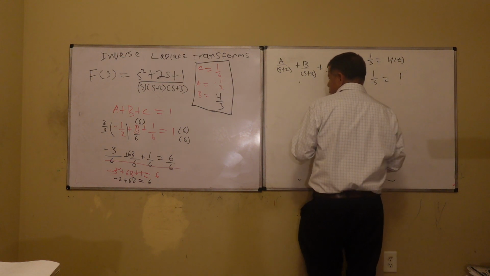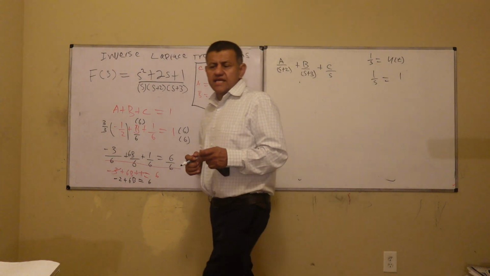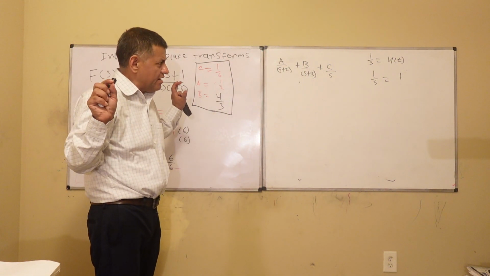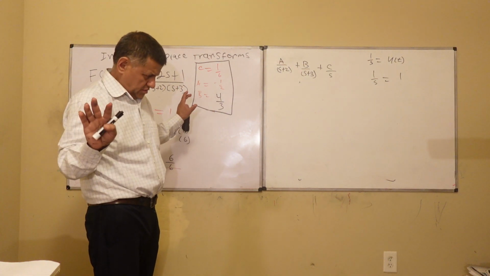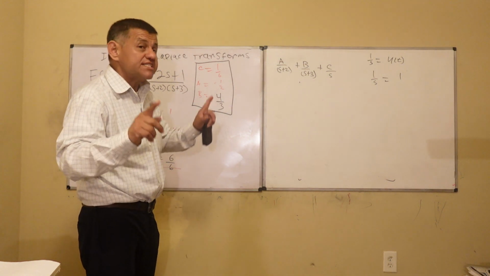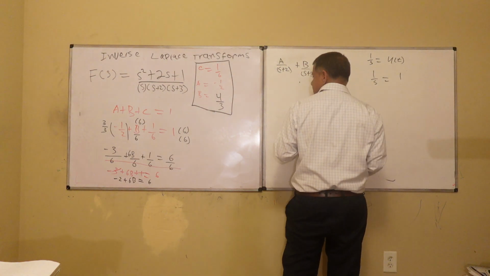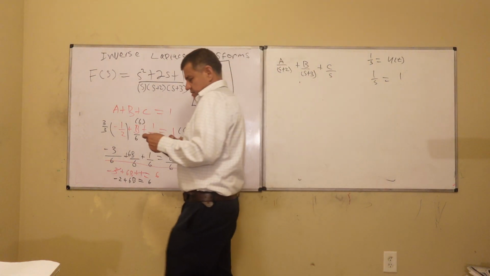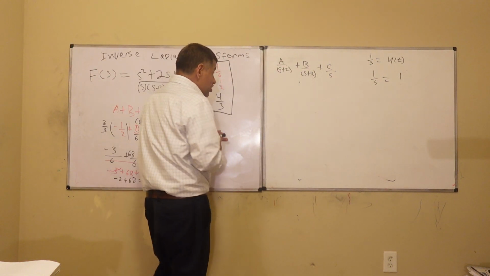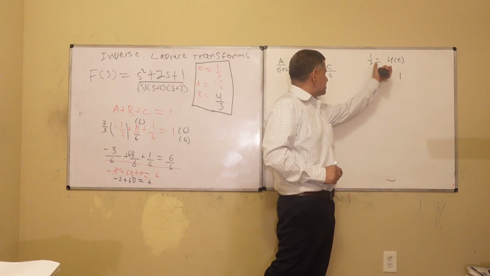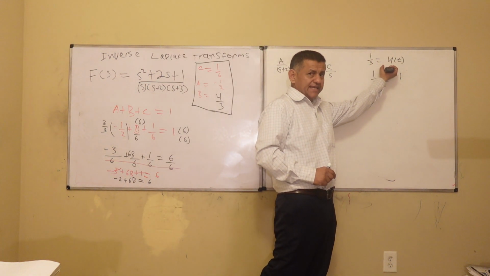Okay, and this has to do with the delta function, which I'm not going to get into right now. So the unit step function, that's what the u stands for, unit step. The unit step function corresponds to 1 over s, which can be represented like that in the table.